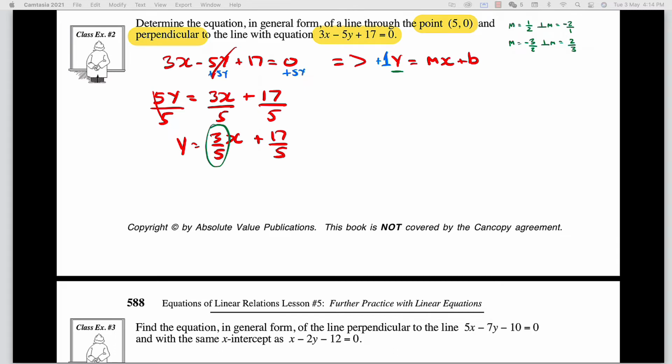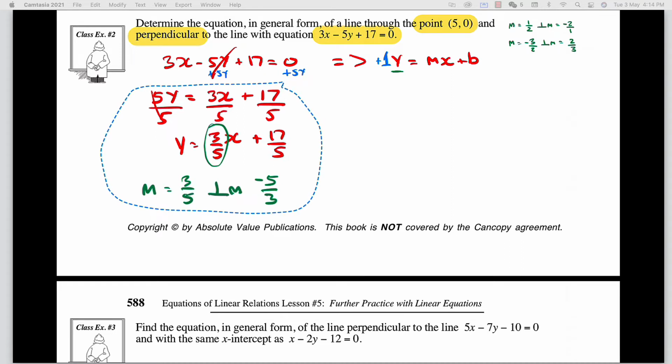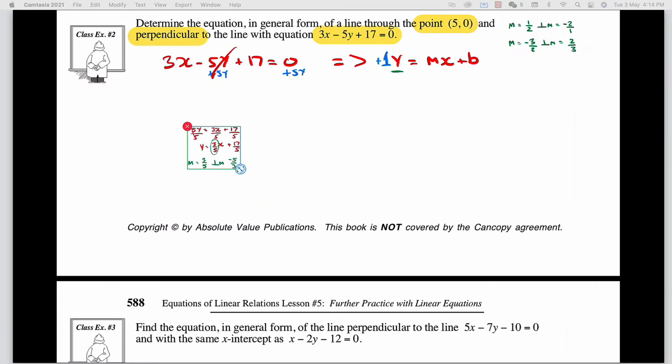And if I know that I have a slope on this line that's equal to 3 over 5, then the perpendicular slope of our new line is going to be negative 5 over 3. Okay, so now that I know my slope is negative 5 over 3, I'll just take this work right here and resize it. And I just need to do a little bit of thinking.